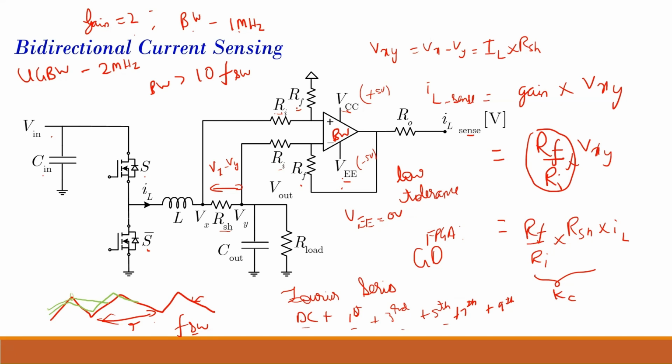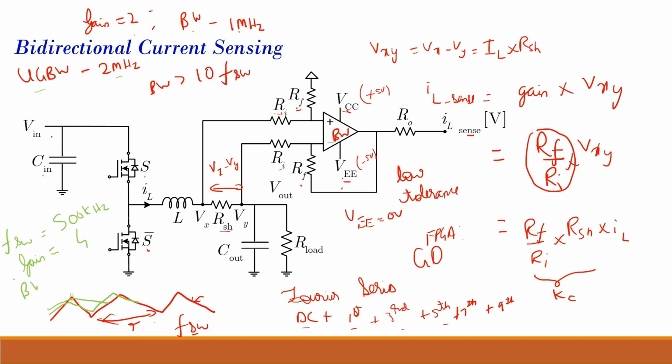Suppose your switching frequency was around 500 kilohertz, and your gain, I'm just saying, was 4, and you have a unity gain bandwidth of 2 megahertz.